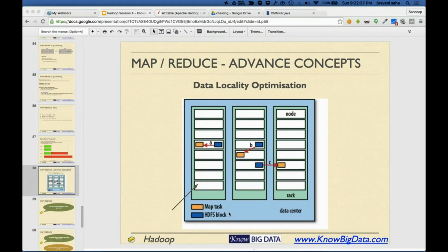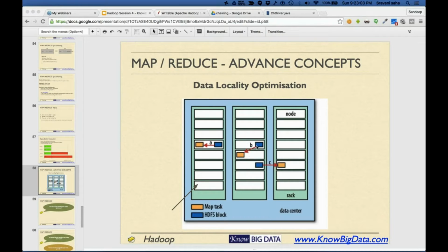Okay, so let's say you have an HDFS block here. If you run your map task here, this is the best case scenario, meaning the computer on which the HDFS block was available is running the map task. And sometimes that node might be busy.